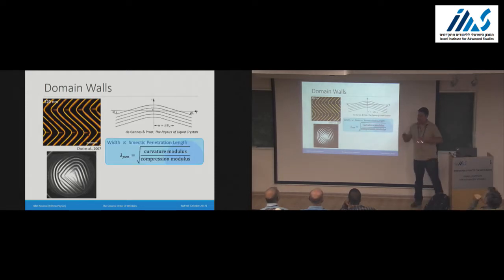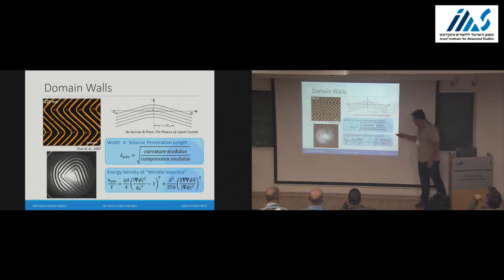In liquid crystal theory, it's a textbook problem. The answer is given in terms of the ratio between the two Smectic moduli, the one that penalizes bending and the one that penalizes the wrong spacing. And we have those moduli, because we arrived at them when we coarse-grained our energy density. So basically, we have a prediction for how wide these domain walls should be.